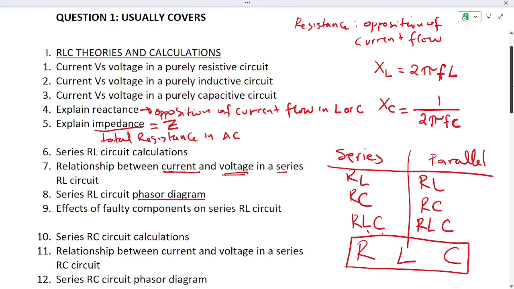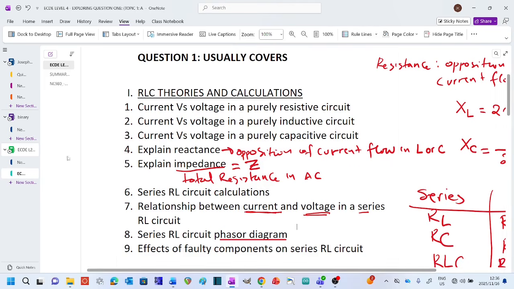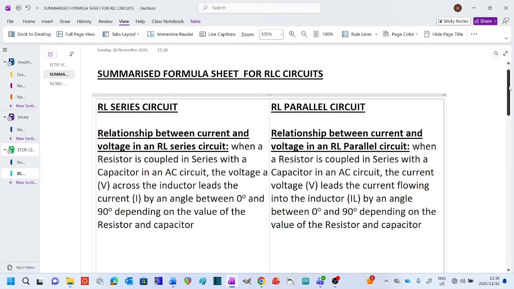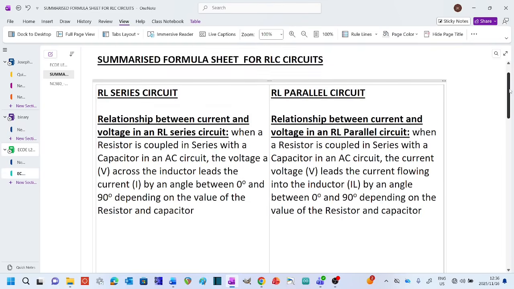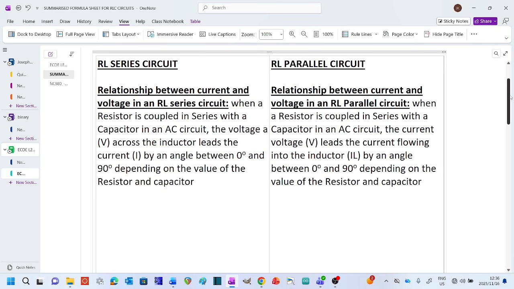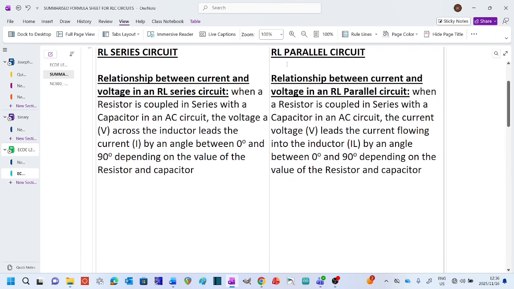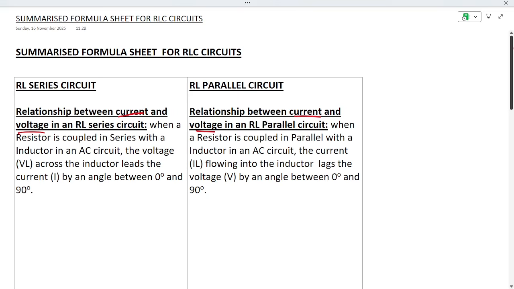This is very important. So I'm going to go to another page. Here we summarize the formula sheet for RLC series, but mostly now we are exploring the behavior that's going to help us draw the phasor diagram. Instead of just memorizing each phasor diagram, you know exactly what to do. Your reference is first the introduction we did for the resistive circuit.